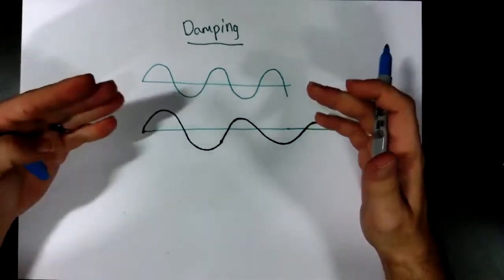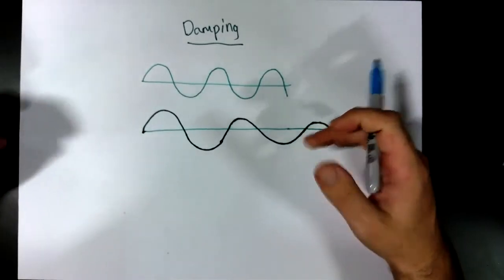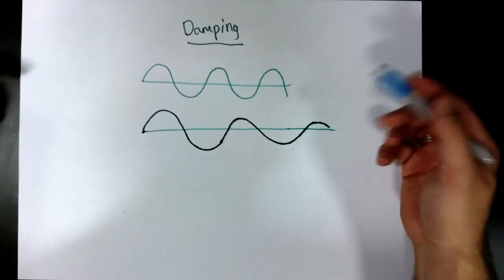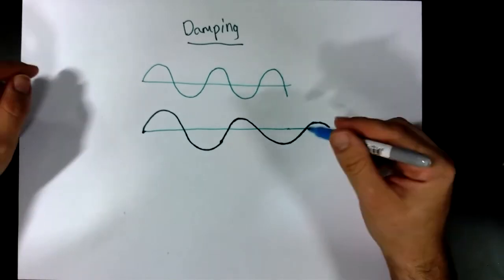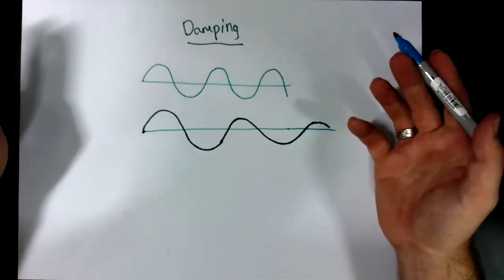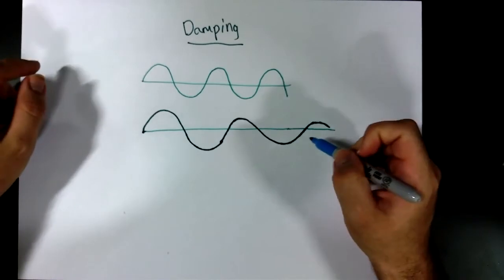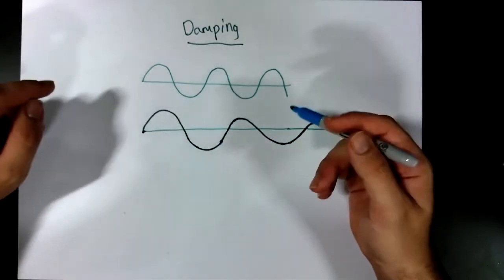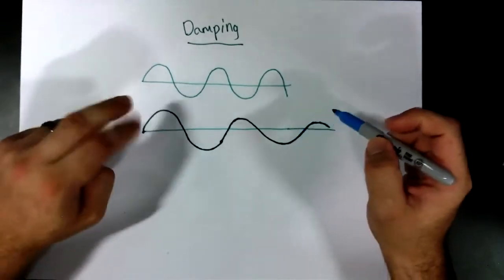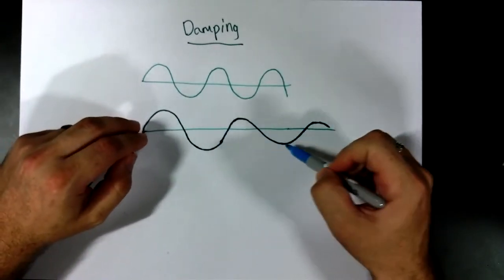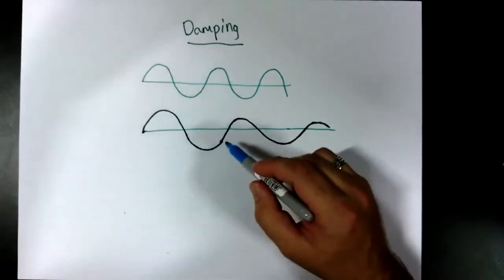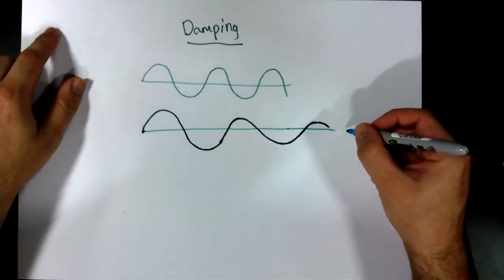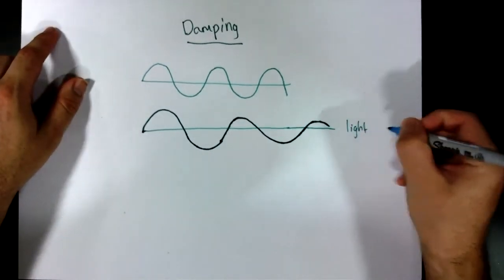amplitude because, as we know from the equations of potential energy or total energy in a simple harmonic motion system, it is reliant upon the amplitude, how much energy realistically is in the system. So in this case, we're reducing the energy in the system slowly but surely, and as a result, we call this light damping.